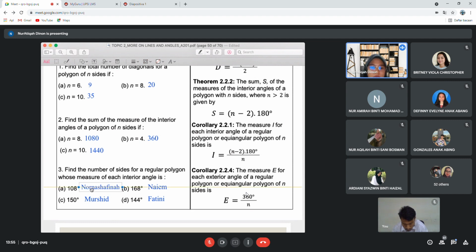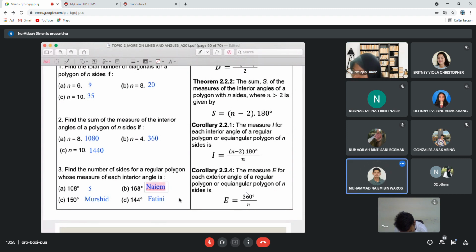When I equals 108 degrees, Norna Shafina, what is the value of n? I got 5. Yes, 5. Good. B, when I equals 168 degrees, Naim? I got 50. Say again? 50? 30. 30, okay. Thank you. Very good. Murshid, when I equals 150?